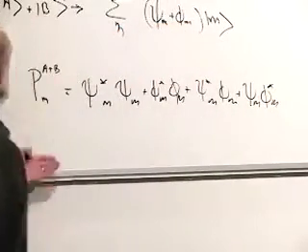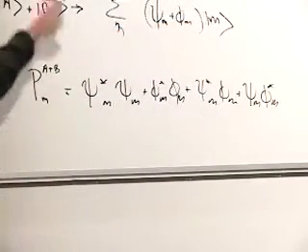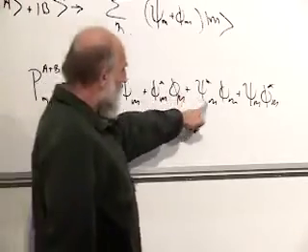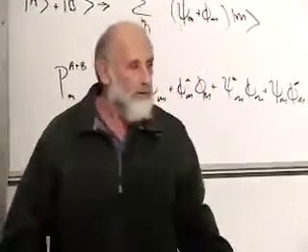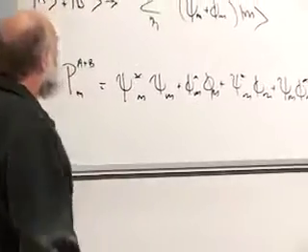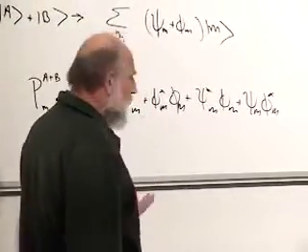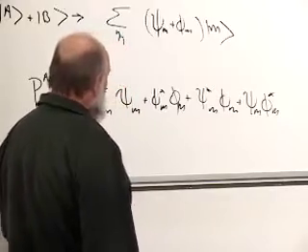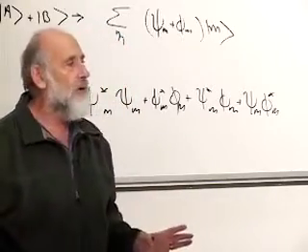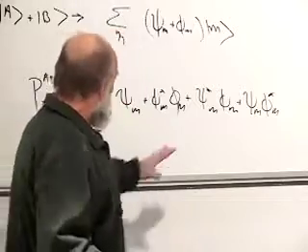So the answer is the sum of the two original probabilities plus an extra term, and the extra term is called the interference term. The interference between the two trajectories, one going through the upper hole and one going through the lower hole. This has no analog in any kind of classical statistics.